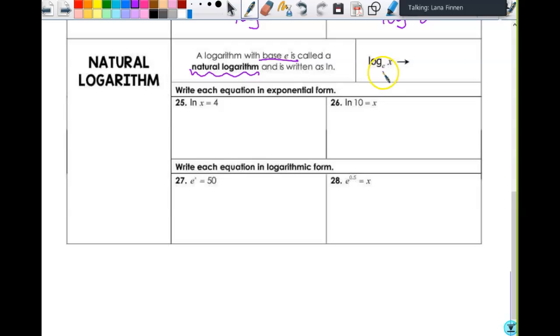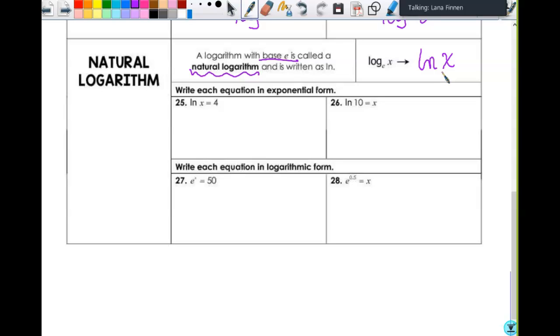It's a natural log, but instead of n and l for natural log, it's ln. So ln of x. That's a lowercase l and an n. It's not the word N-I-N, no i's there. So natural log of x is how you say that. And when you say that, you just know that the base is e.